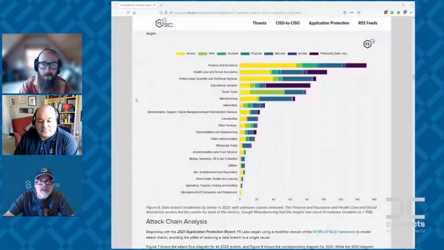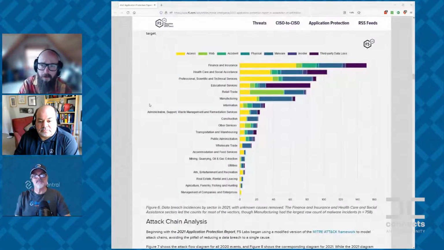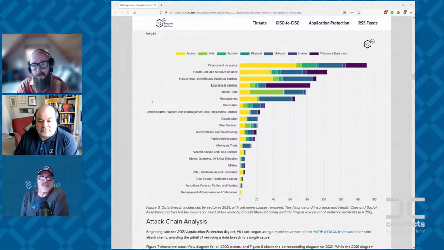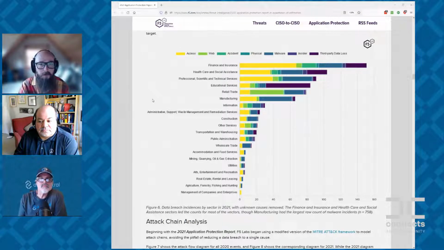And if you could bring another graph up, Peter, there's something else here that I think will illustrate it faster than me just talking. So if you see here, this is the breach causes broken down by sectors for 2021. This is the data that we just processed. The distribution here is pretty similar to what we saw last year.